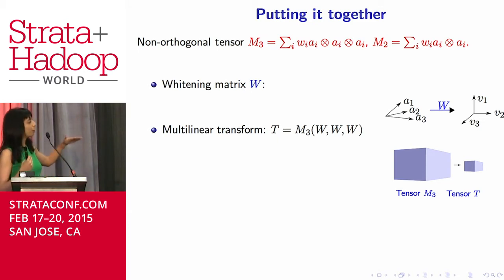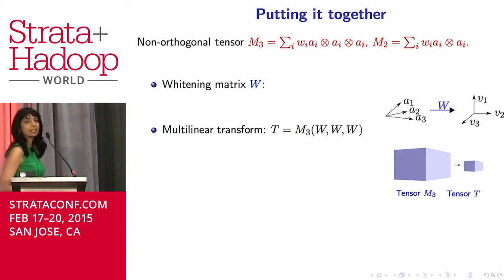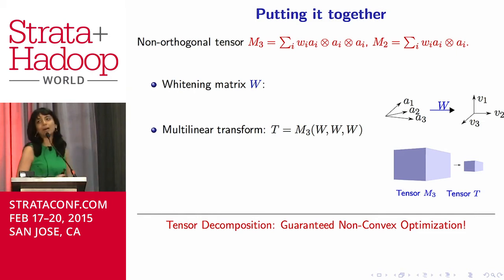But what we can show is that with tensors, even non-orthogonal components, you can correctly identify and learn them. I won't go into the detail. There is a whitening transformation, but put together, there is a guaranteed method to get the correct decomposition of the tensor.